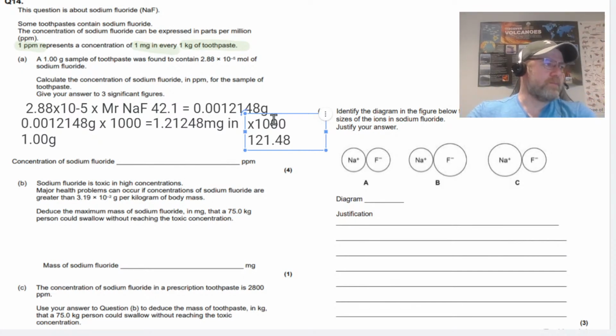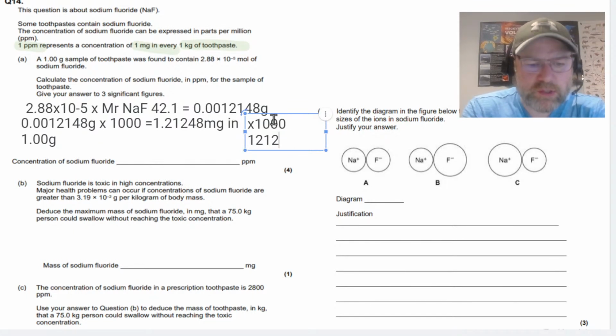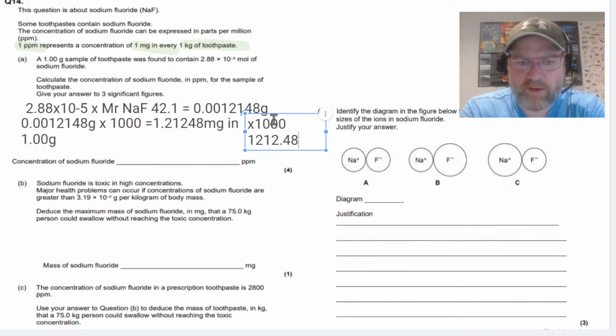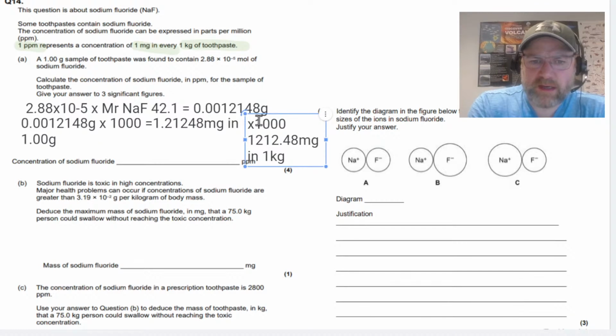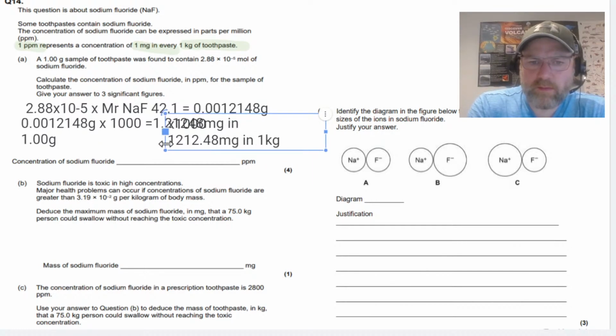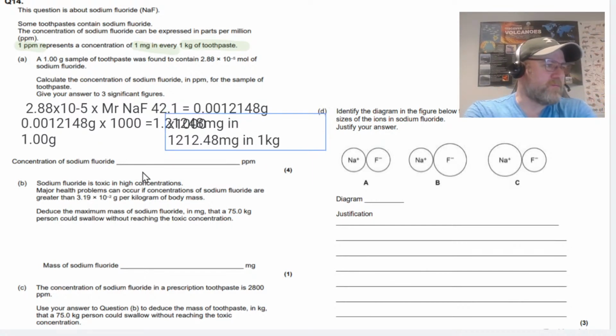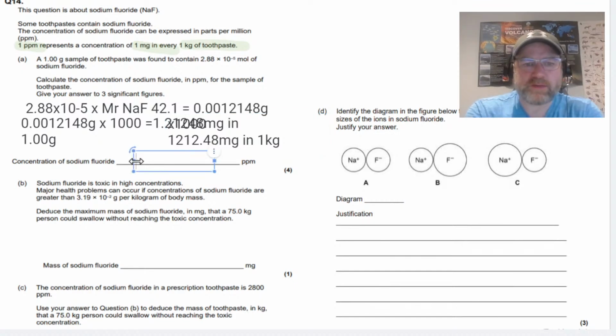Oh my gosh, 121.48 is what I've got. Milligrams in 1 kilo. So the answer is going to be 121.48. Yeah, what's the answer in parts per million?